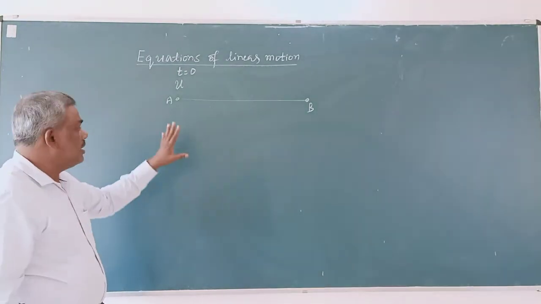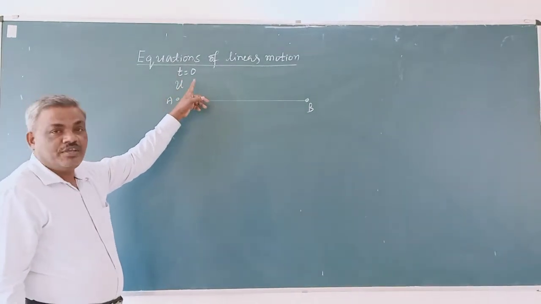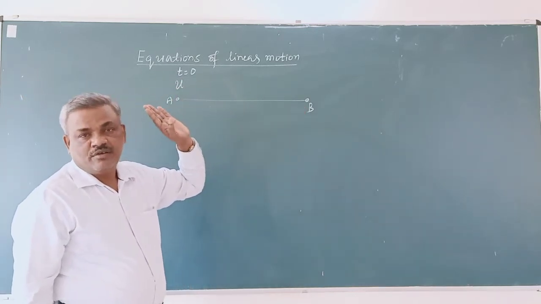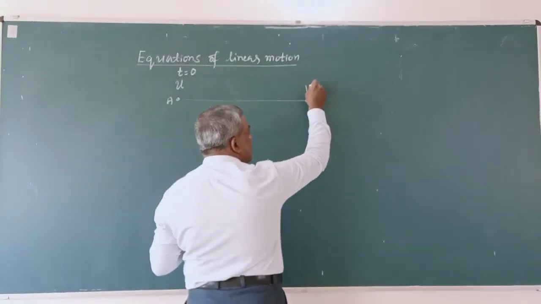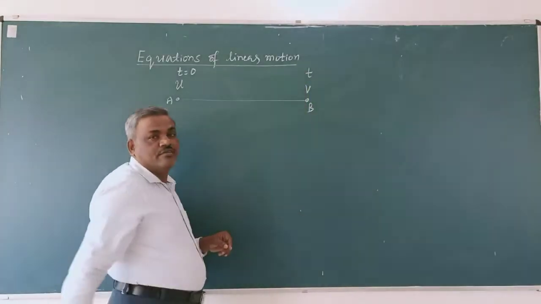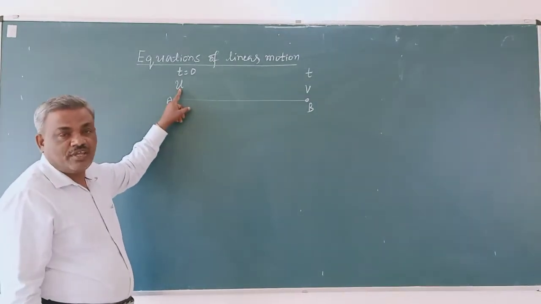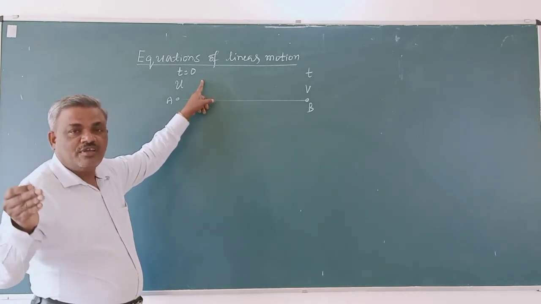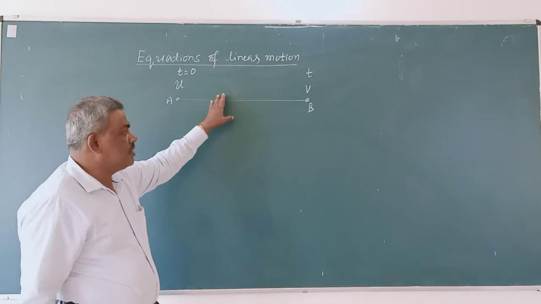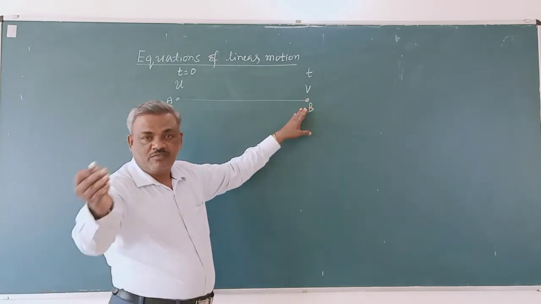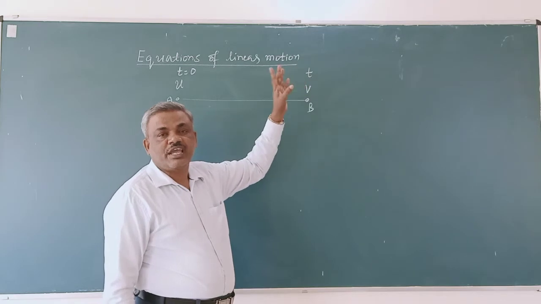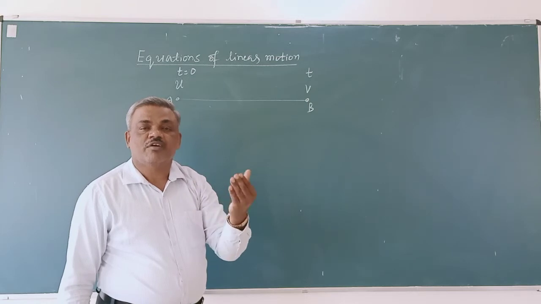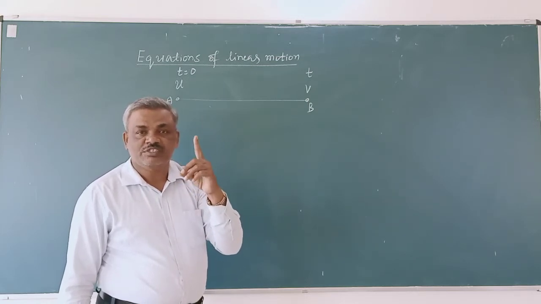The body moves along a straight line up to B, where the final velocity is V and the time taken is, say, 30 seconds. So U is the initial velocity at time t equal to 0 second, and after reaching the other point, the final velocity is V and time is t seconds. Time t may be 10 minutes or 1 hour or half an hour. 1 minute equals 60 seconds.